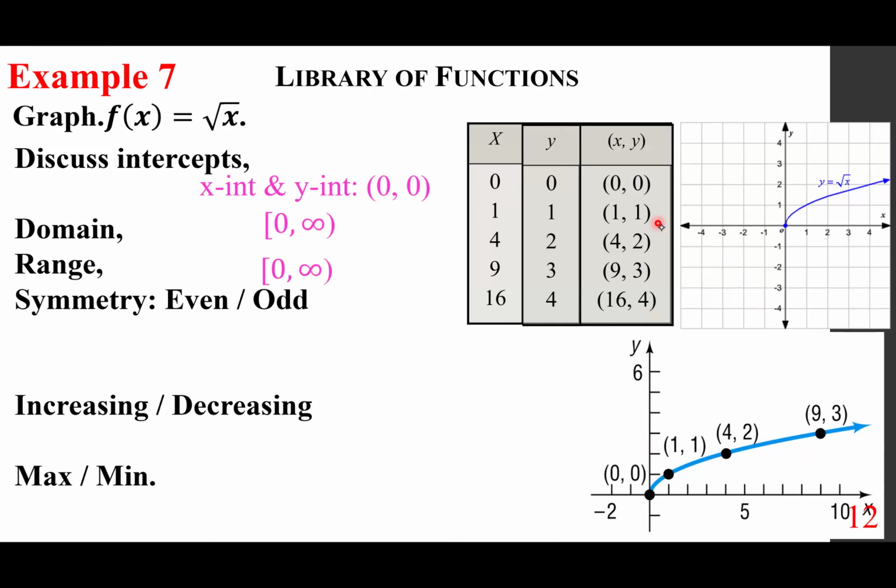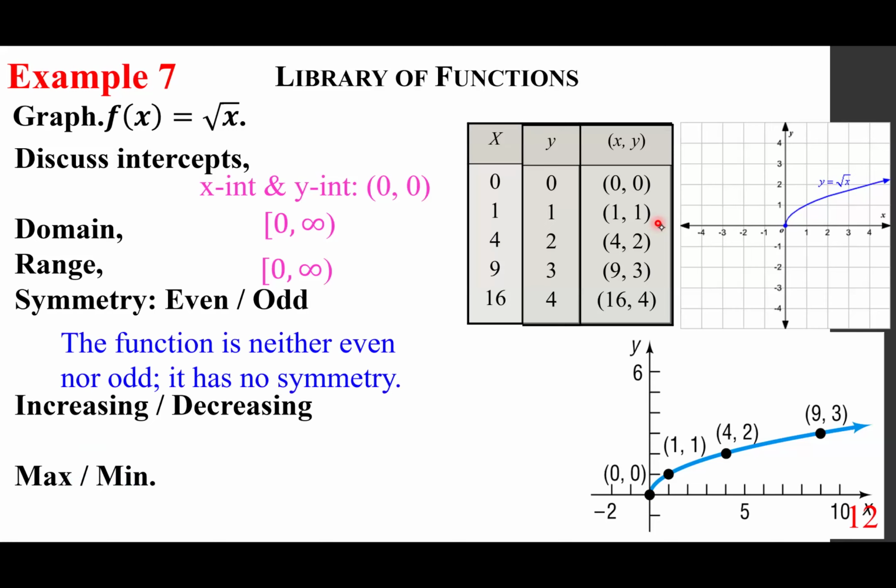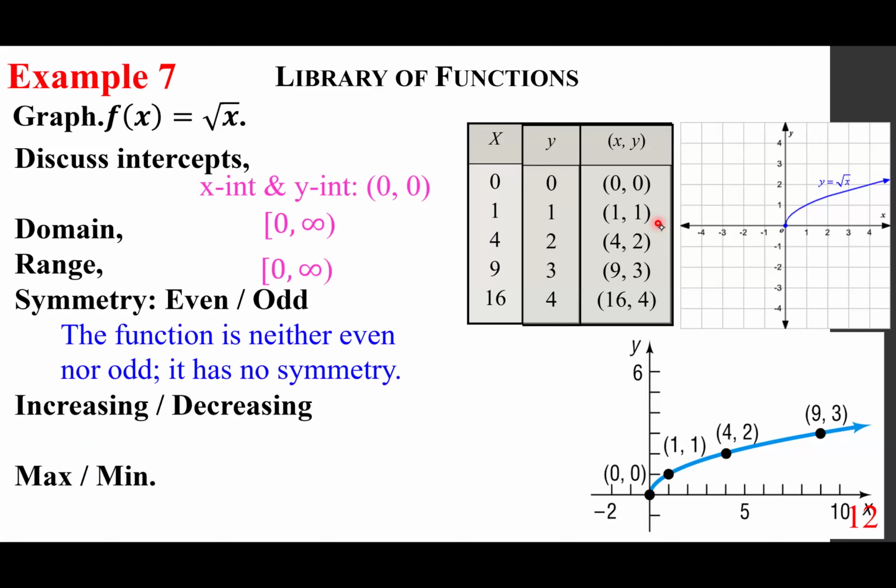The concept of a symmetry, even, odd, and I'm going to say that the function is neither even nor odd. It has no symmetry. Why is that? Reminding you of the following. When we say an even function, we can show it's even by evaluating f of minus x, if f of minus x equals f of x. It's odd function if evaluation of f of minus x results in minus f of x.